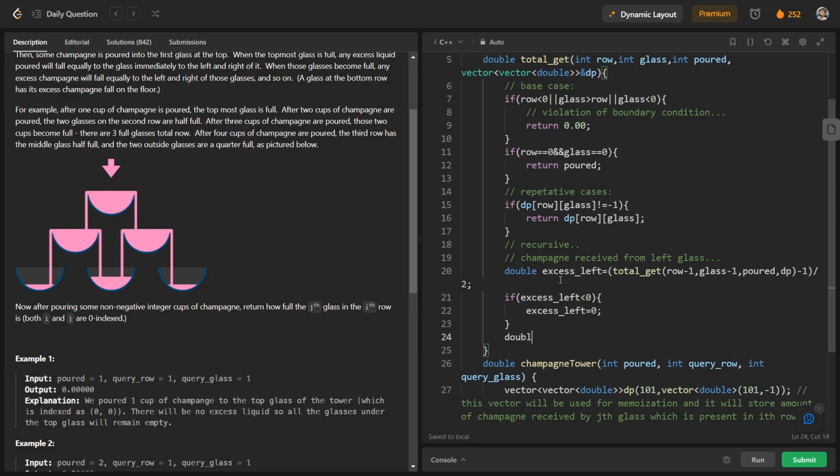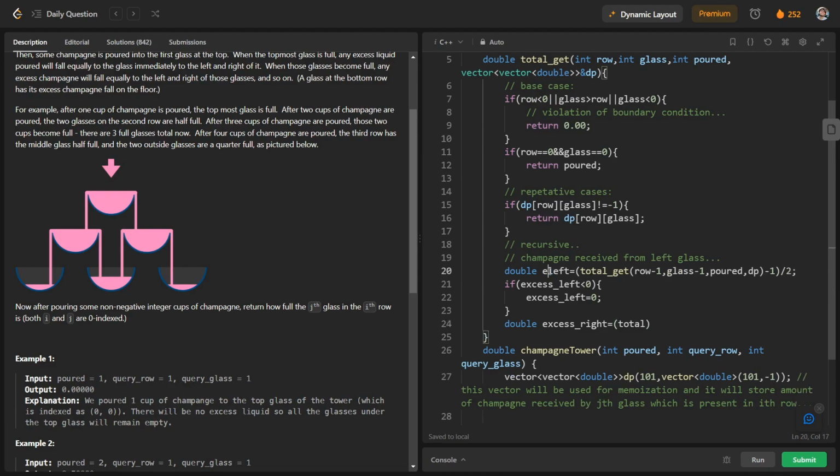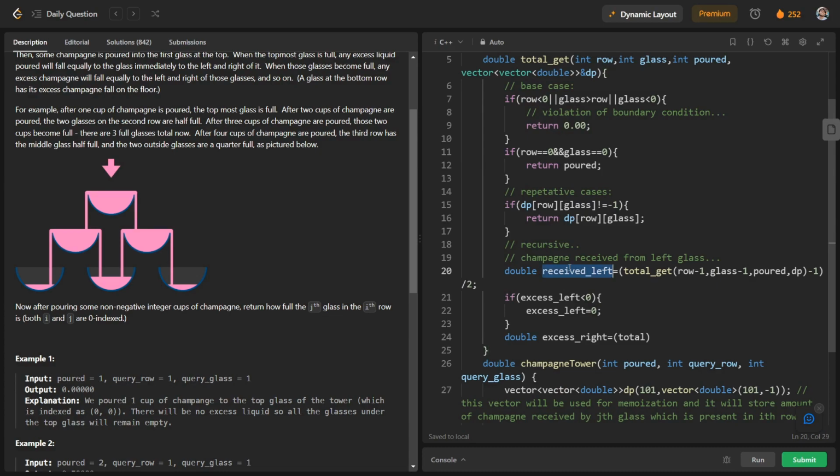Actually I should write received from left here, that will be the perfect terminology. So if received from left is less than 0, which means received from left is 0, we have not received any champagne from the left side. Similarly we will calculate for the right part.